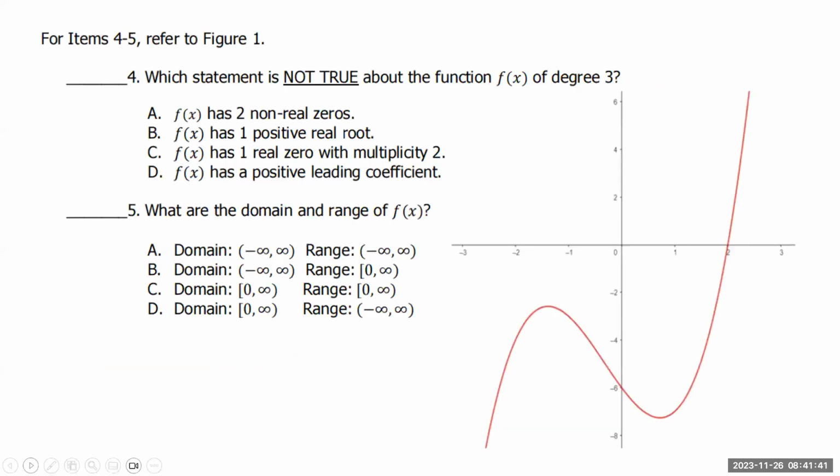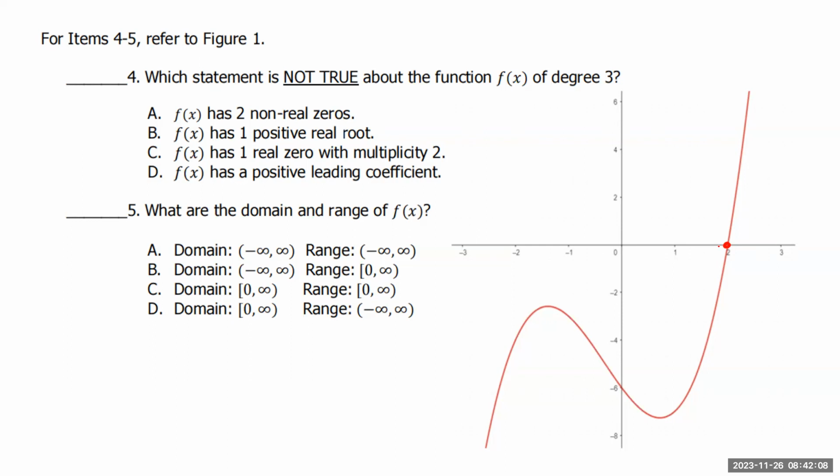Next, for items 4 to 5, we need to refer to the given graph of the function f of x. Number 4, we are looking for which statement is not true, or the false statement. So let's look at the graph. We have here a 0 or x-intercept, only one, x equals 2.